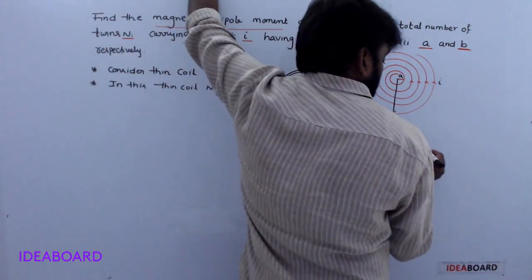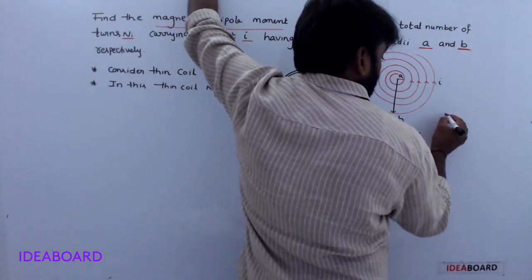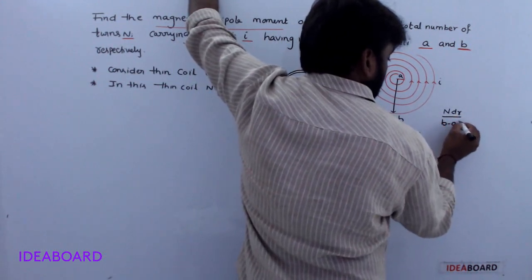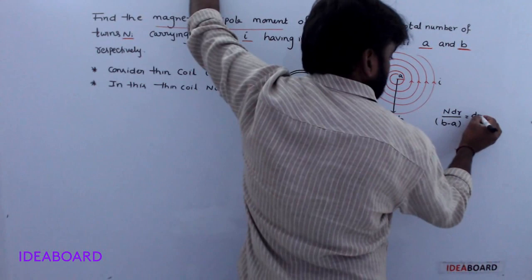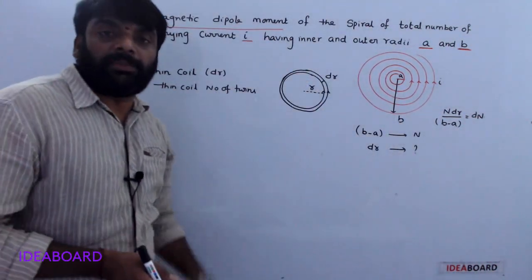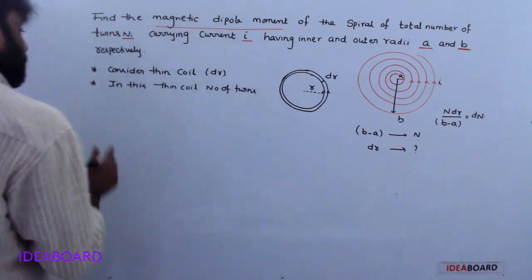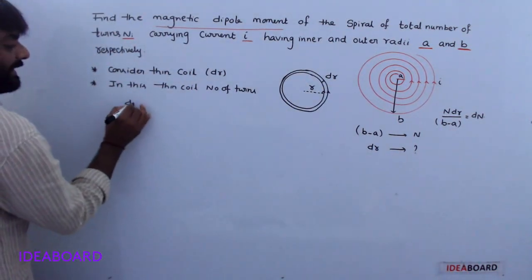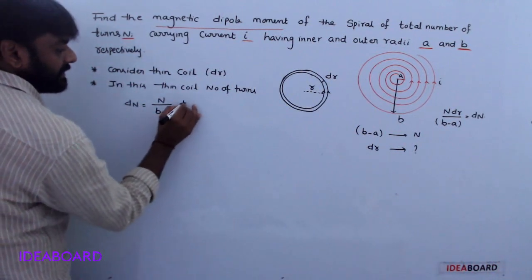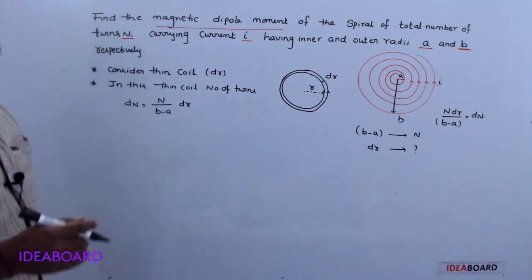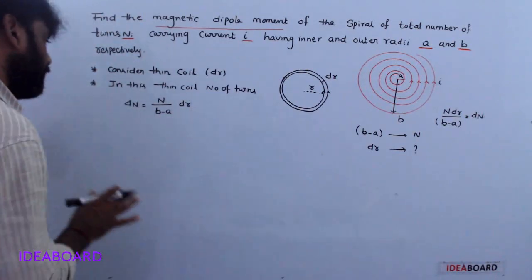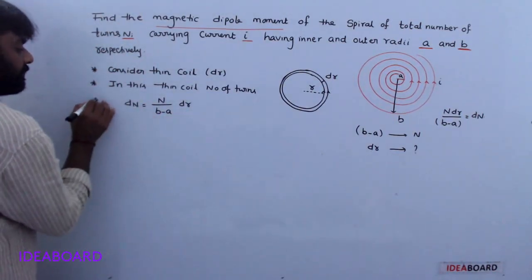Simply cross multiply: N into dr by B minus A. That is the number of turns in this thin coil. So dN is equal to N by B minus A into dr. Understood? Okay.